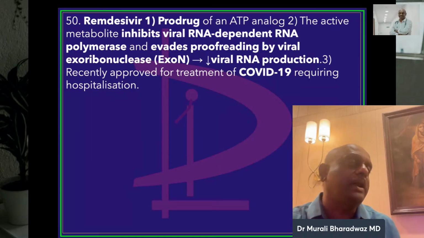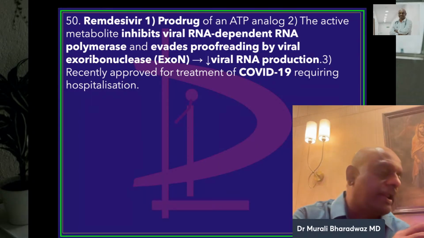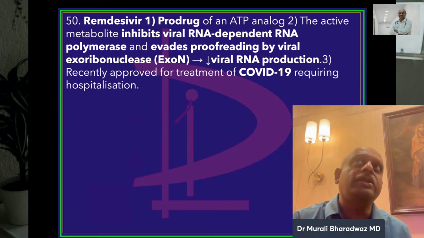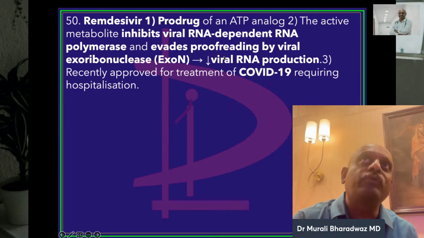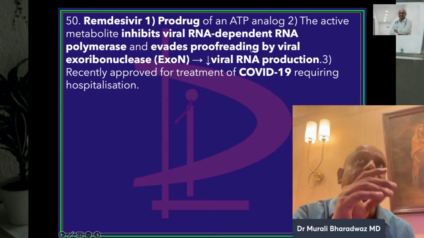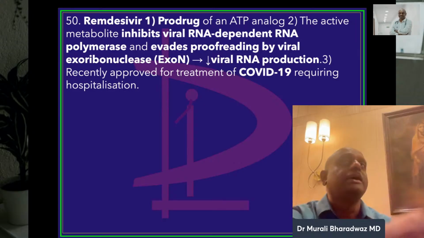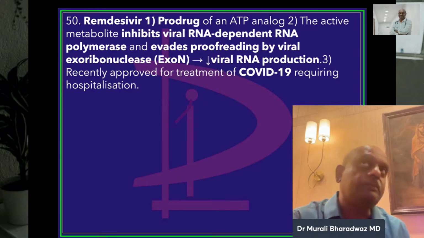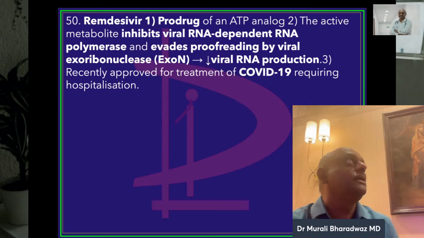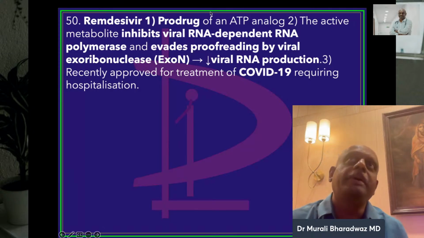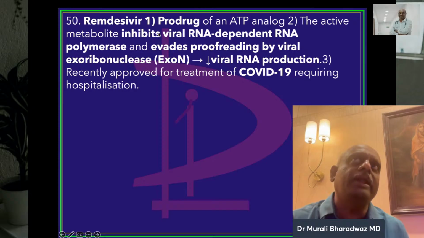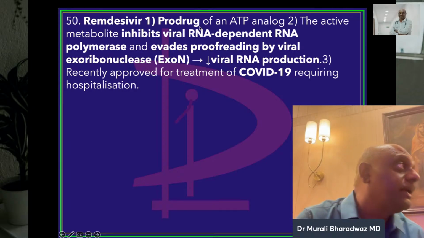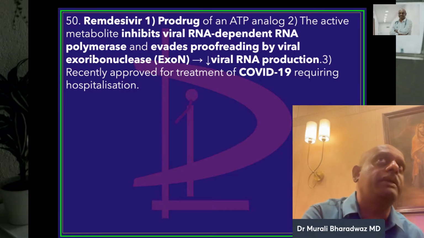Whenever RNA is formed, it will make mistakes. For that, you require a proofreading function done by the viral exoribonuclease. So this proofreading done by viral exoribonuclease is being prevented by the remdesivir, whose active metabolite inhibits the viral RNA dependent RNA polymerase activity.